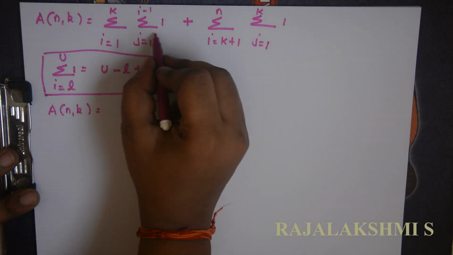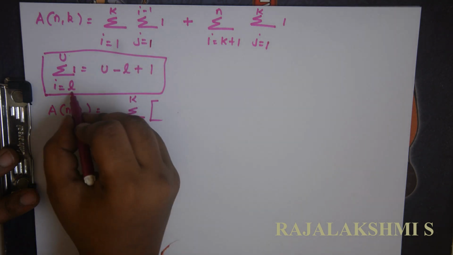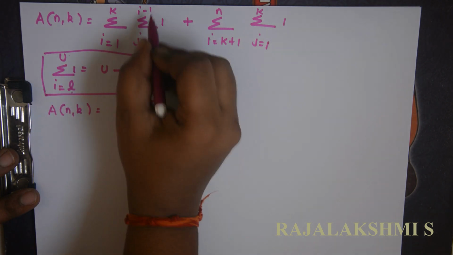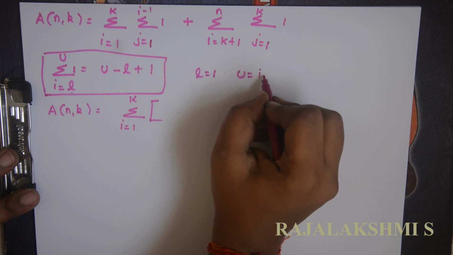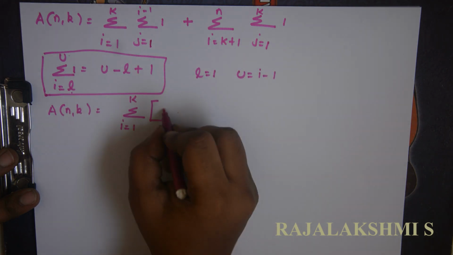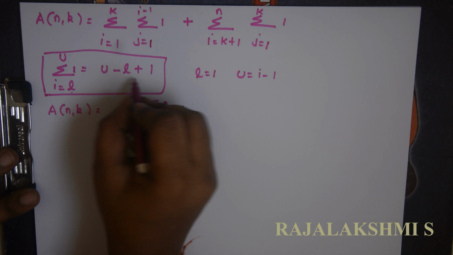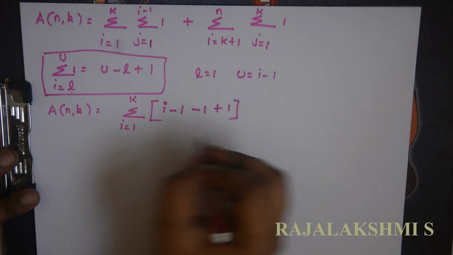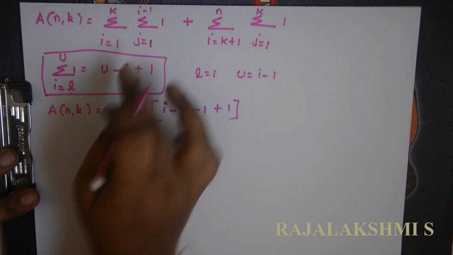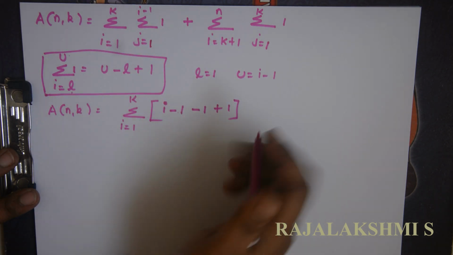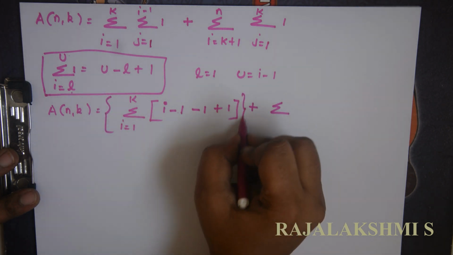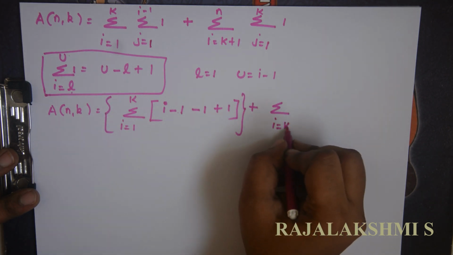Now compare this: instead of l we have 1, so l is equal to 1, and instead of u we have i minus 1. So it is u minus l, which is i minus 1 minus 1 plus 1. So this summation got replaced with u minus l plus 1, plus summation. This is one term, i is equal to k plus 1 to n.